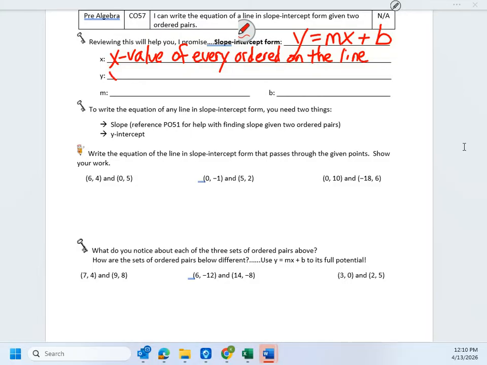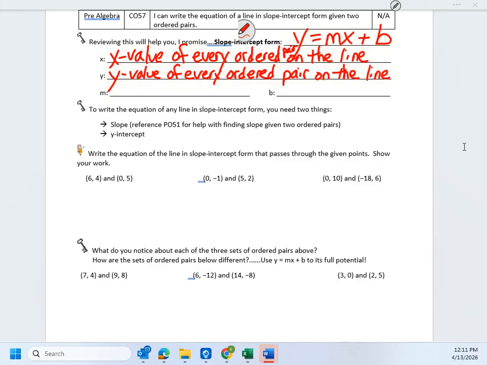The y value of every ordered pair on the line.